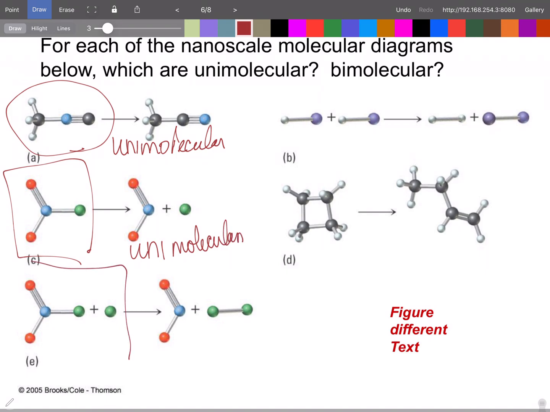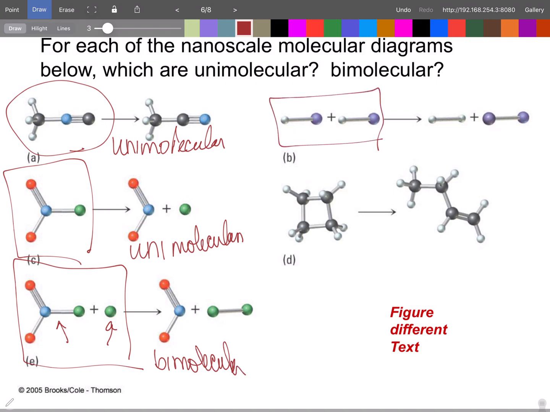On this one, we have 1, 2. So this is going to be bimolecular. Again, we take everything on the reactant side. We have 2, so this is bimolecular. And on this one, we have a single. This is definitely a rearrangement, as are the other two. This is unimolecular.